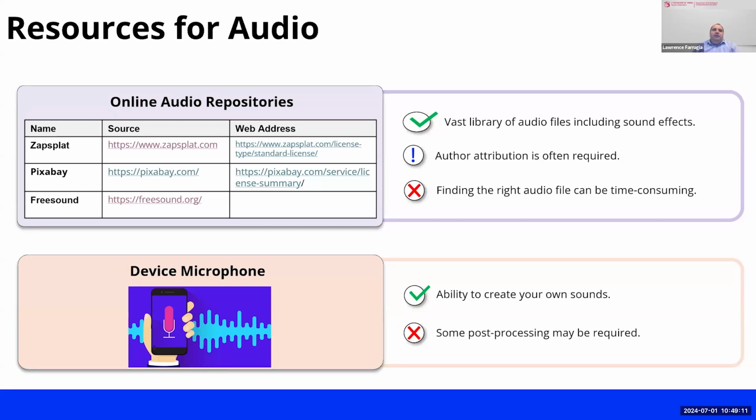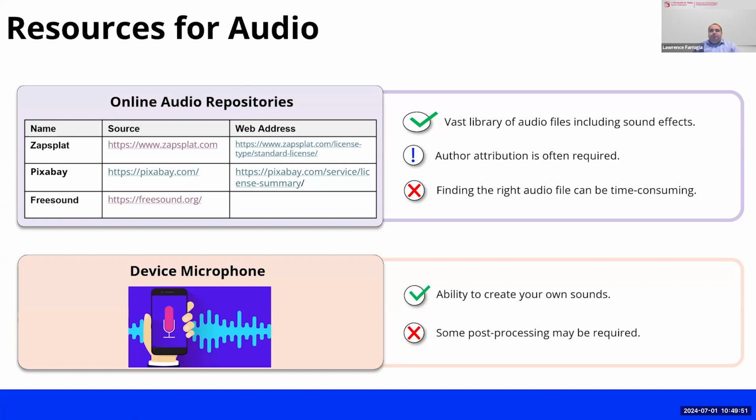One of the benefits of using a repository is that the quality of the audio files is quite good, because many of these files would have been recorded with professional equipment or in a studio. However, finding the right audio file, especially where you have to listen to each audio file, can be quite time-consuming. On the other hand, if you record your own sound, that is probably a very fast approach of capturing audio. However, some post-processing may be required, especially if the quality of the audio file that you have recorded is not that good.